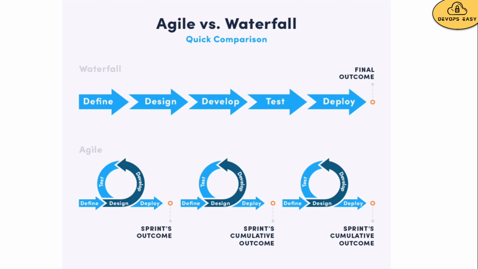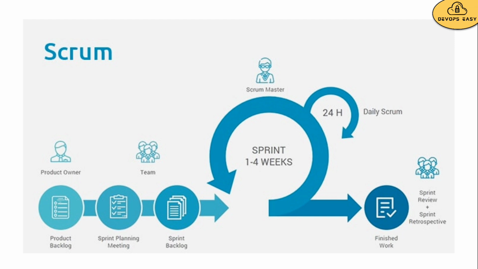To follow agile, there are also some principles. The majority of companies follow the scrum methodology, which is nothing but one process. Suppose I want to create a t-shirt website, whatever website requirements I have, I will gather in the product backlog. After that we will have a sprint planning meeting.